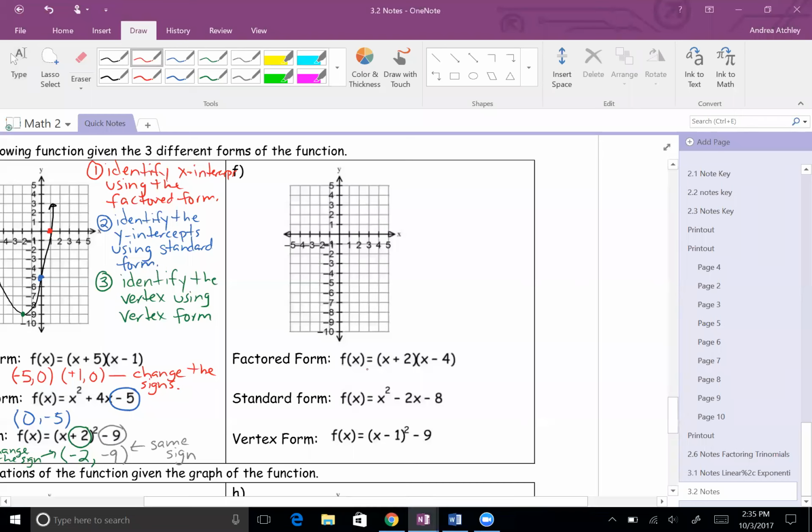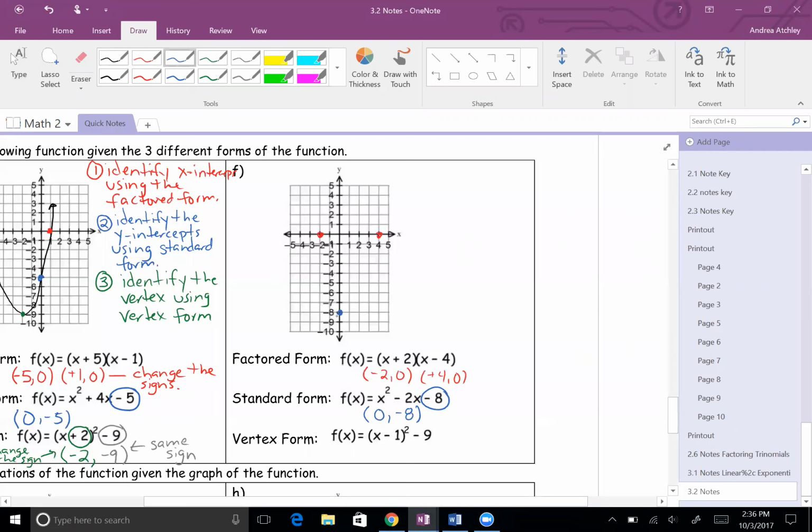Okay, so the x-intercepts here will be -2, 0, and +4, 0. So 4 and -2. The y-intercept is 0 for x and -8 for y, because the x is always 0 on the y-axis.